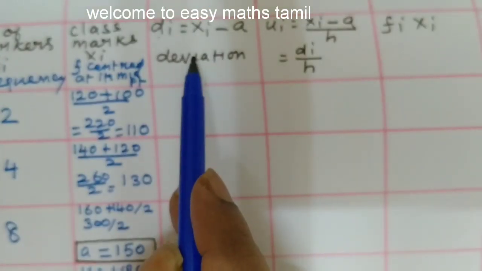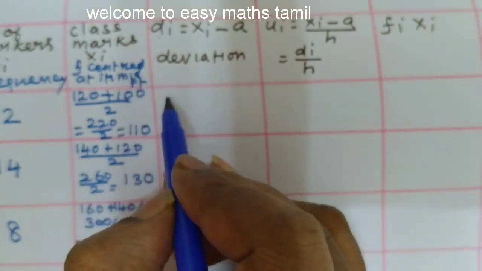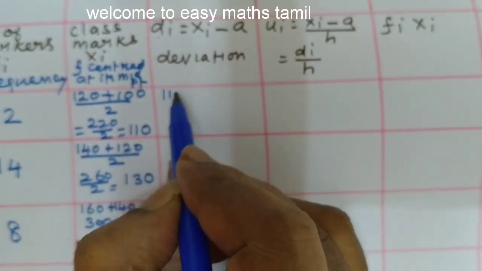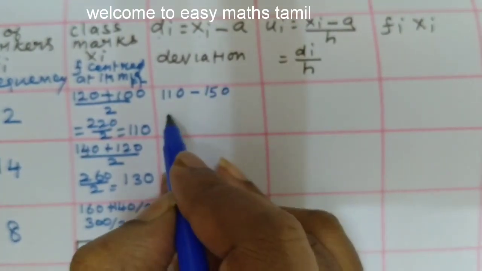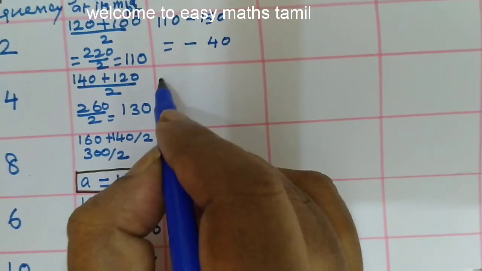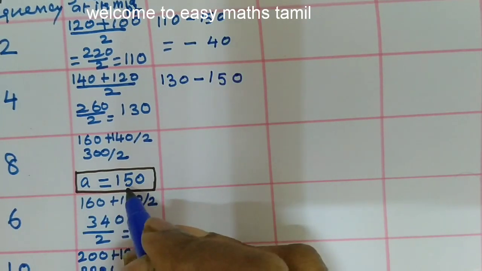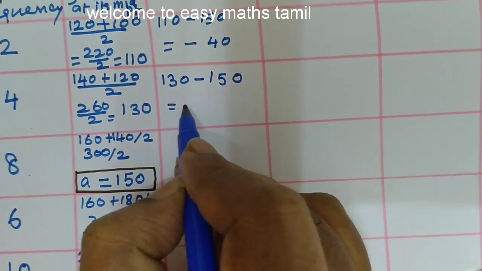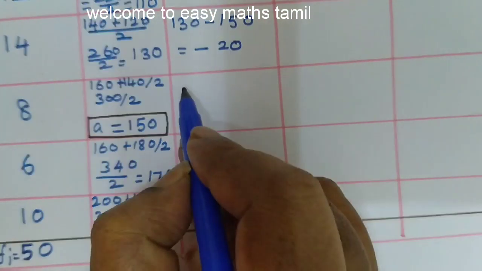di is the deviation of the assumed mean from the class marks. 110 minus 150 is minus 40. A is the assumed mean, its value is 150. 130 minus 150 is minus 20.